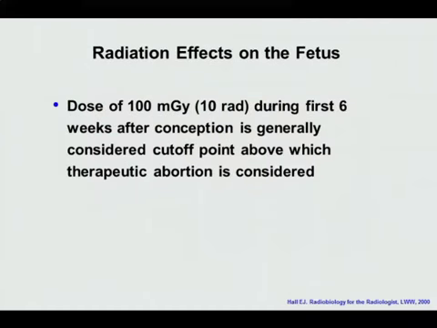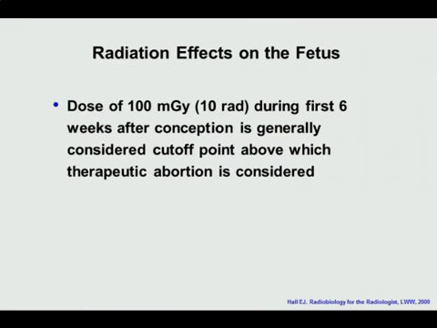So the rule of thumb which we physicists normally use is that a dose of more than 100 milligray, or 10 rad, during the first 6 weeks after conception is generally considered a cutoff point above which therapeutic abortion is considered. This has been the rule of thumb we have been using for understanding some of these effects.